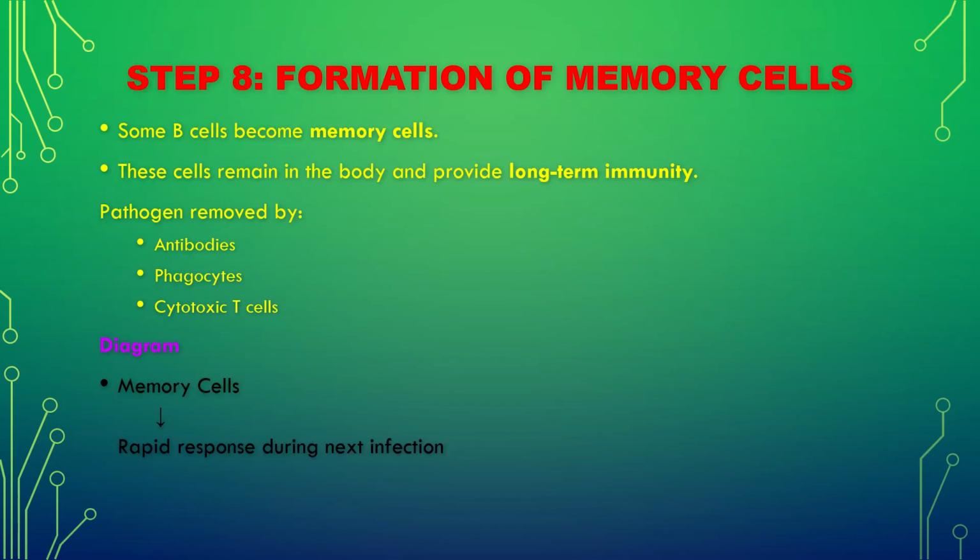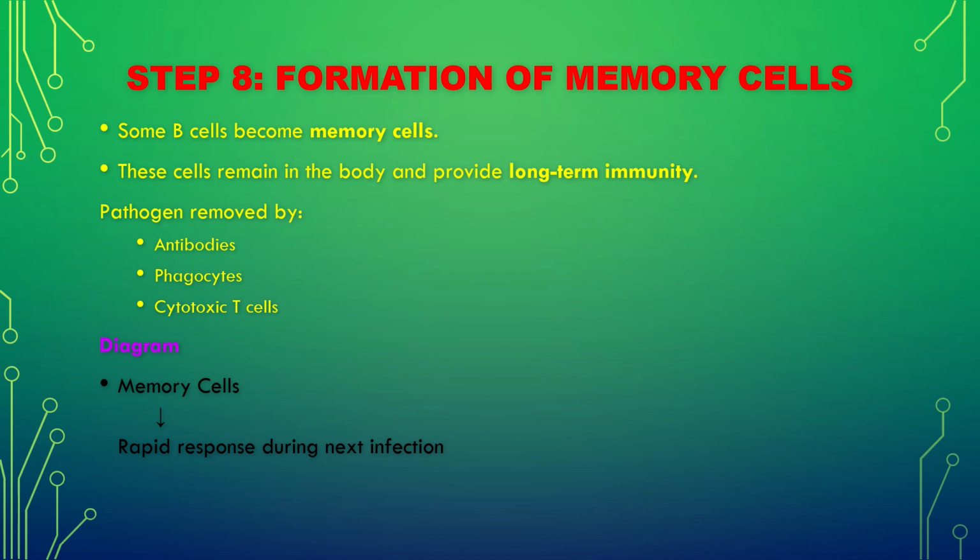Step 8. Formation of memory cells. Some B cells become memory cells, which are stored in the body, and when the antigen enters the body a second time, they recognize it and antibodies are produced immediately. They provide long-term immunity.